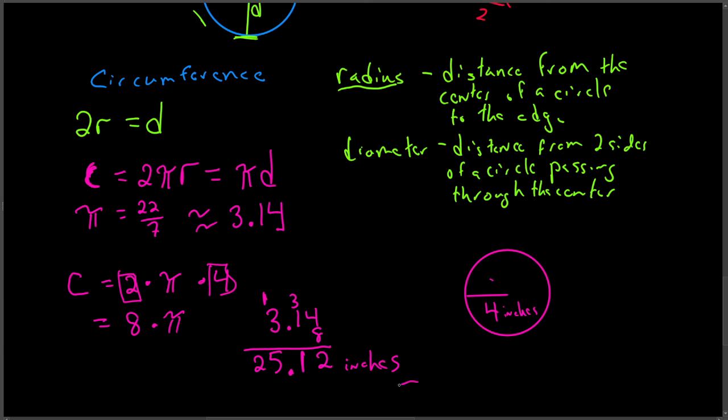And so approximately, and we'll use a squiggly line for approximately, the circumference is 25 and 12/100ths of an inch for a circle that's 4 inches in radius. All right, so this is multiplying decimals. We will continue our exploration of decimals in the next video.